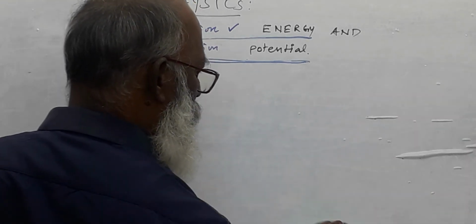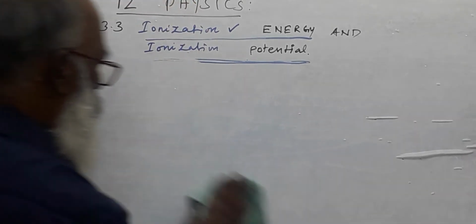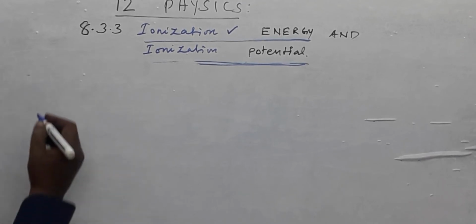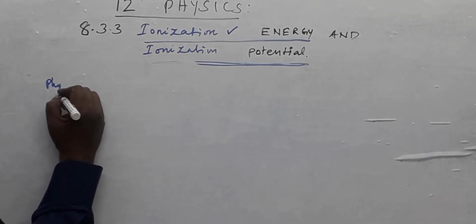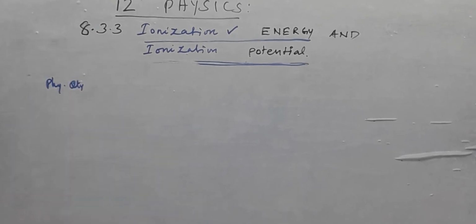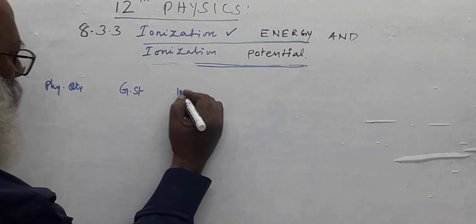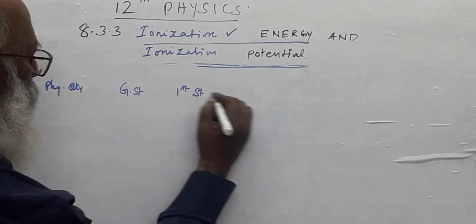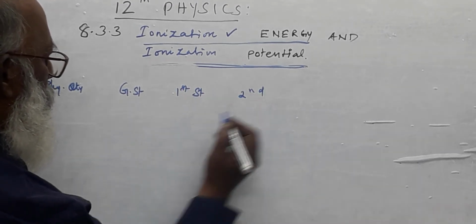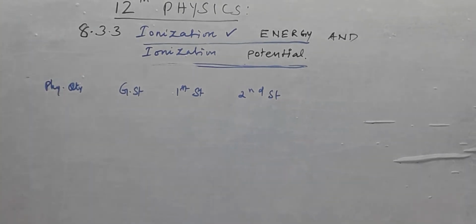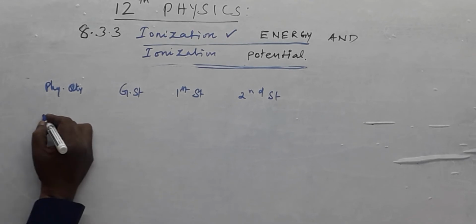That's very important for entrance as well as 1 mark questions. You must clearly know the physical quantity: ground state, first excited state, second excited state.